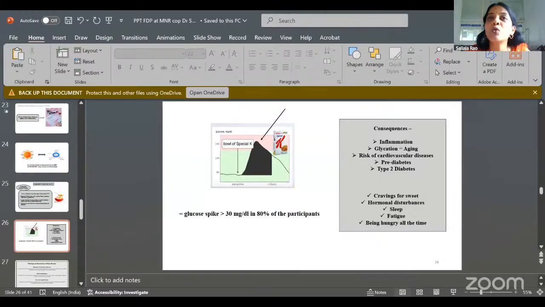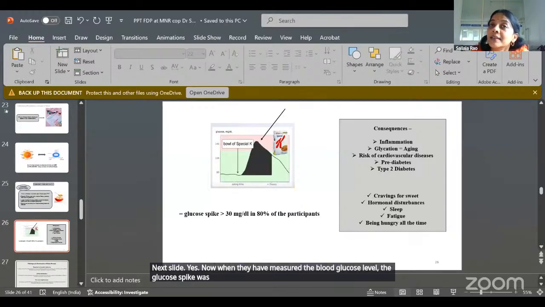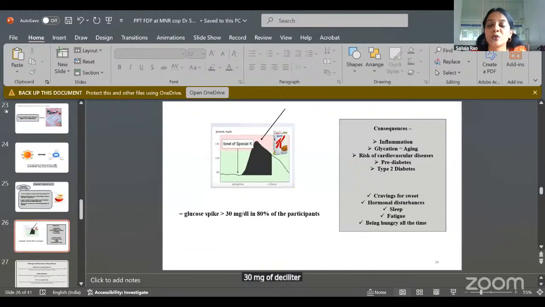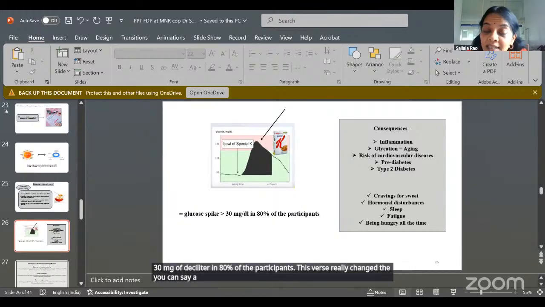Yes. Now, when they measured the blood glucose level, the glucose spike was more than 30 mg/dL in 80% of the participants. This was really a change, you can say a revolution. A revolution has occurred.